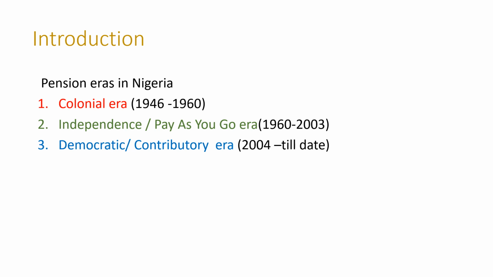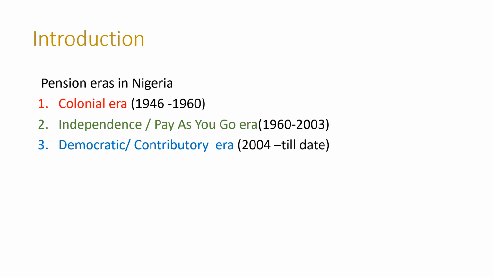That's the pension scheme introduced in 1958 by the Nigerian Breweries. Outside that, this Pension Ordinance only covered the British employees. Therefore, the Nigerian employees never benefited from that scheme.